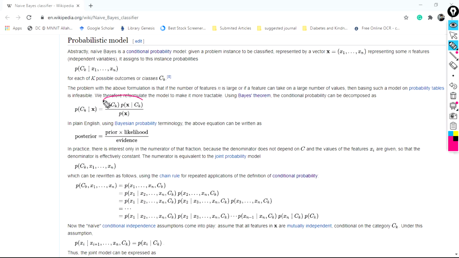This term means the probability of Ck comma x, or you can also call it Ck intersect x. This is the explanation of the conditional probability.